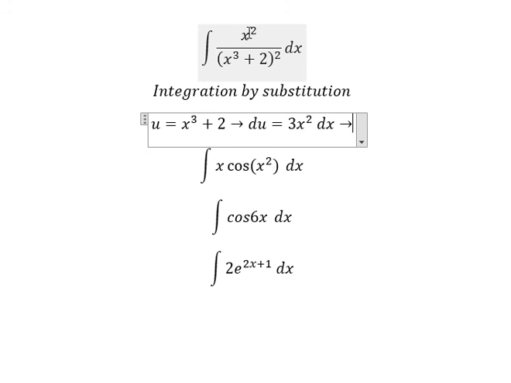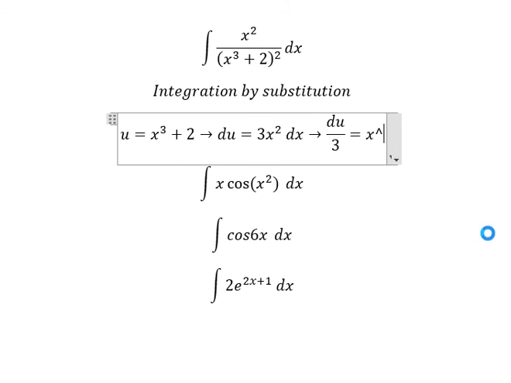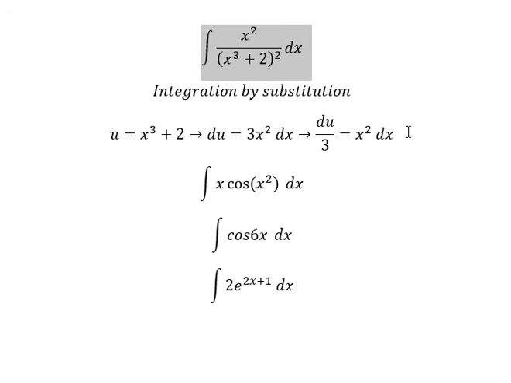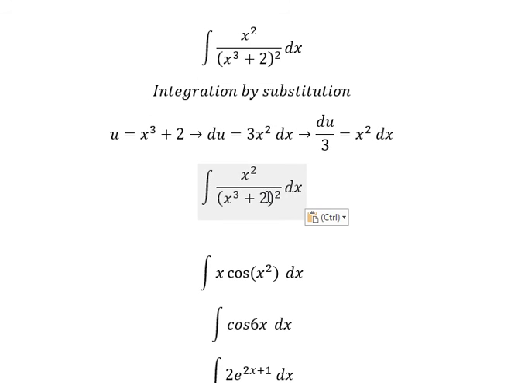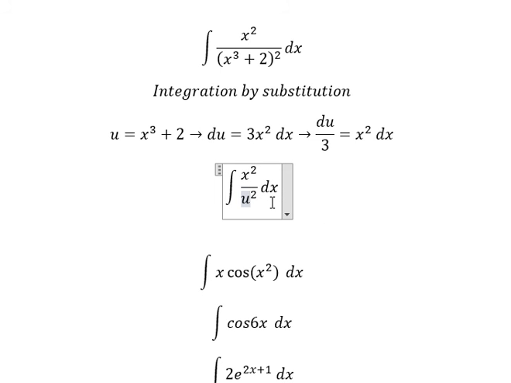Because we don't have number 3 in here, we need to divide both sides by number 3. This one we change by u. x squared dx we change by du over number 3.